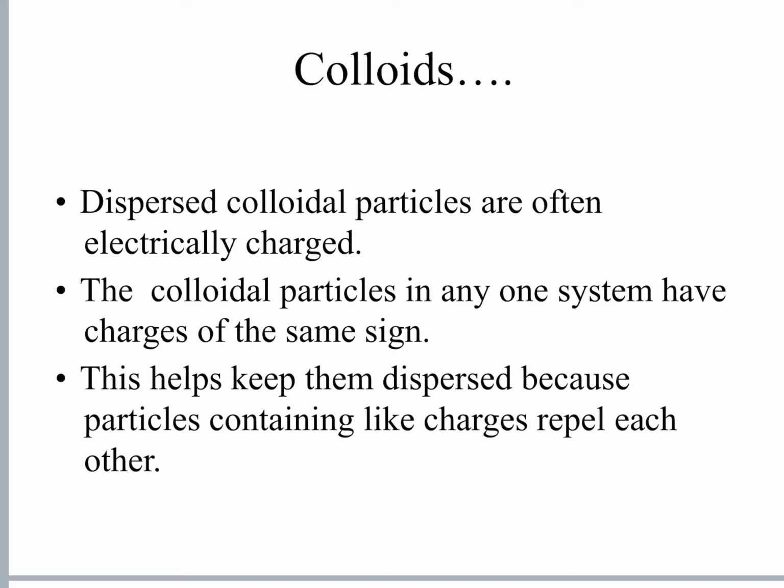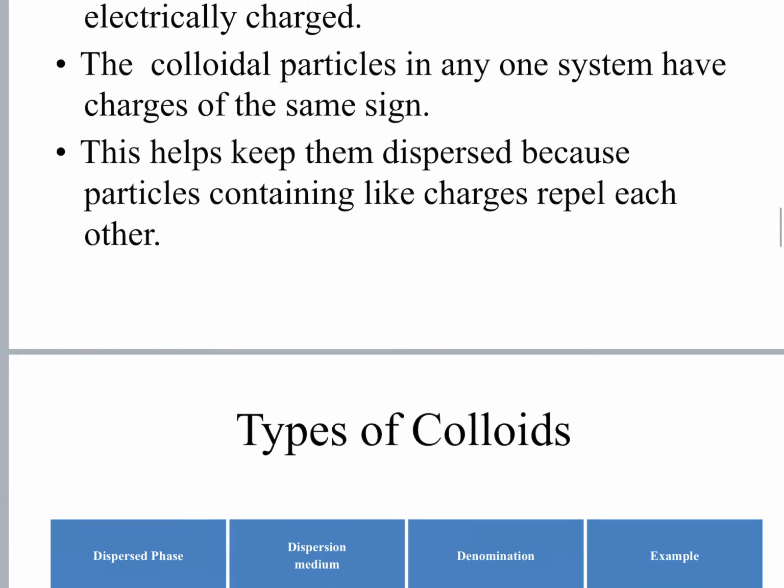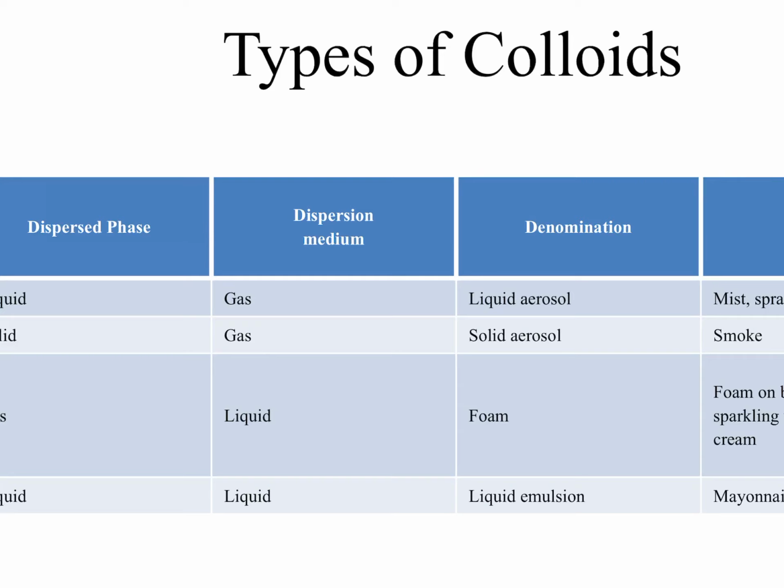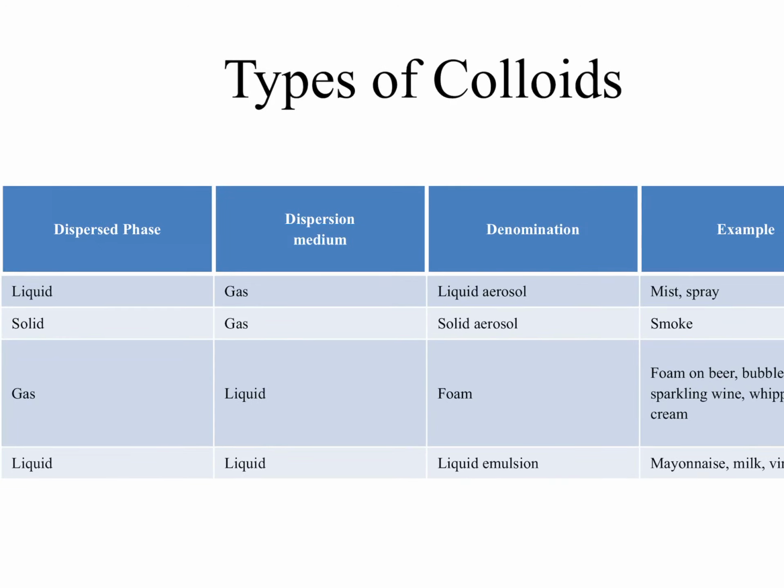Let us see the classification based on the physical state of the colloidal system. These are the types of colloids. In solutions also we discussed nine types of solutions based on the physical state of both solute as well as solvent.